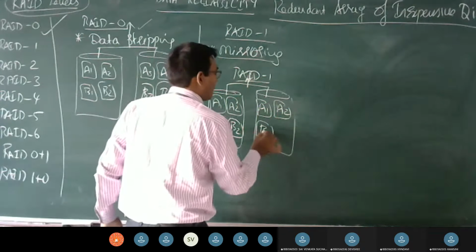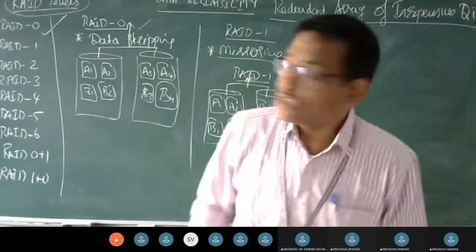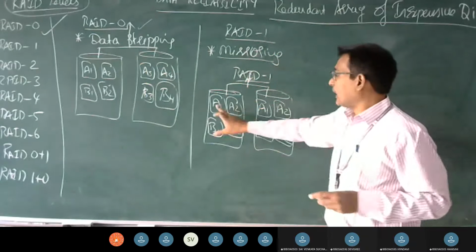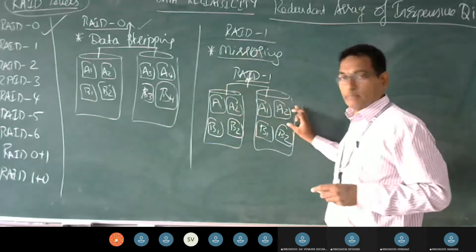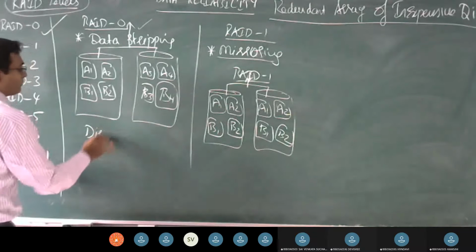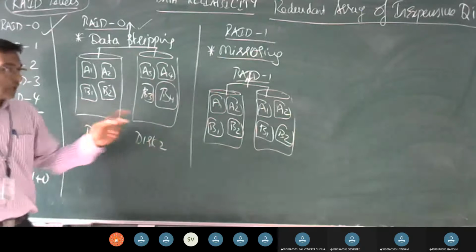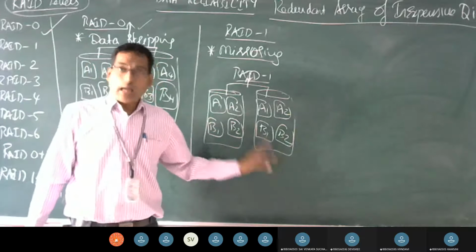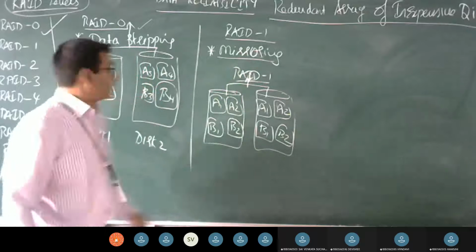So I can call these disk 1 and disk 2. Whatever items are in disk 1, the same items are in the other disk. We call that the mirroring concept.